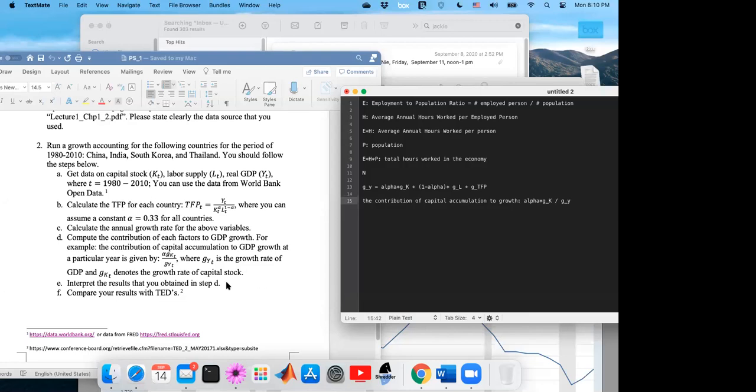Now we go to step D. What is step D? I give an example in section 1, right? So for example, if for one country you find out the contribution of K to growth is, say, 30%, and L is 20%, and TFP must be how much percent? Anyone tell me?